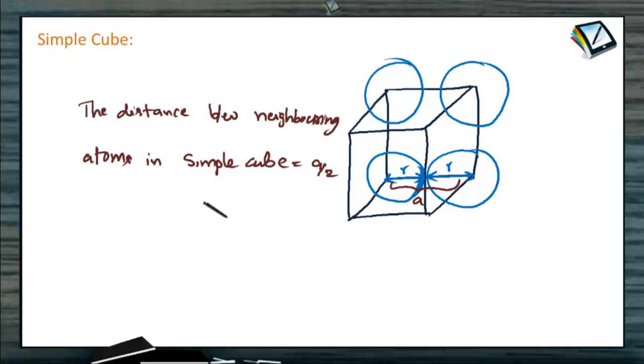So we know that A equals 2R in the simple cubic system and A by 2 is R. The distance between the adjacent atoms in the simple cubic is R. In general this is denoted with D.